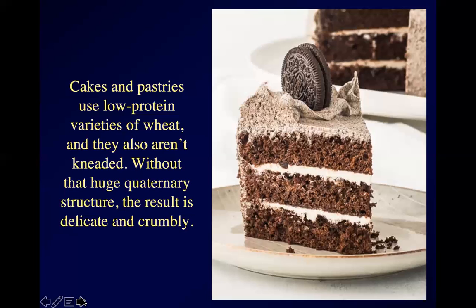And these tend to be more delicate, more crumbly, right? I assume you've never had a birthday cake that you've bitten into and then could really stretch, right? You can't really gnaw on birthday cake the way you can pizza crust. And that's the reason. Cakes and pastries are made with a lower protein variety of wheat.